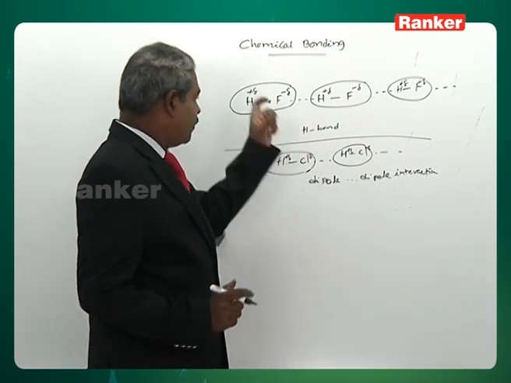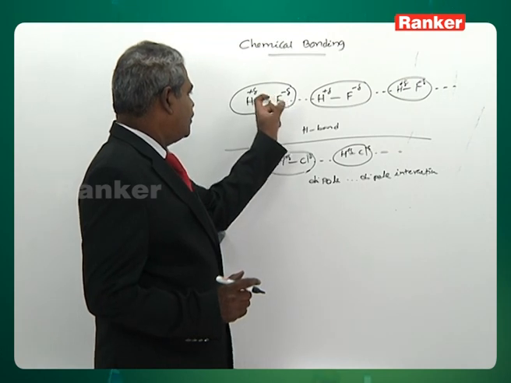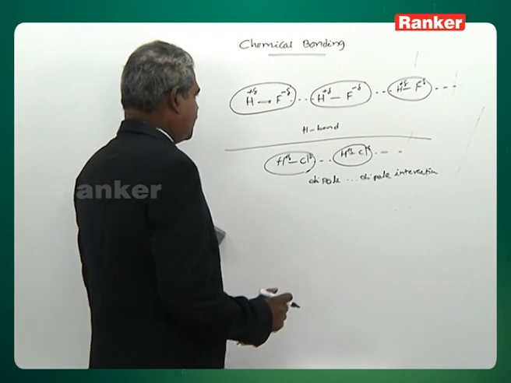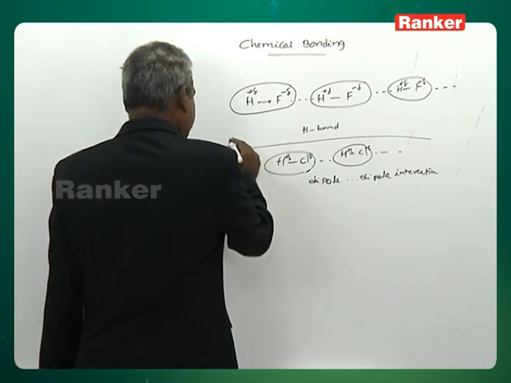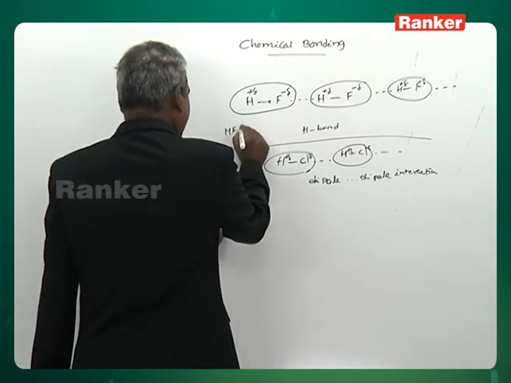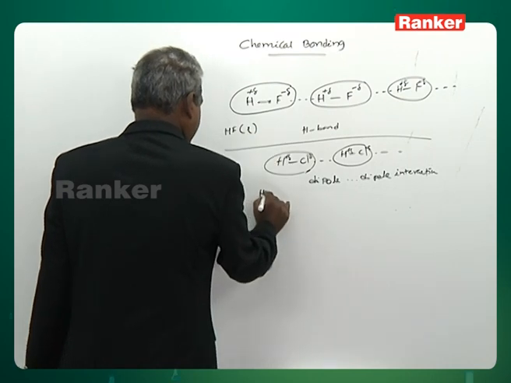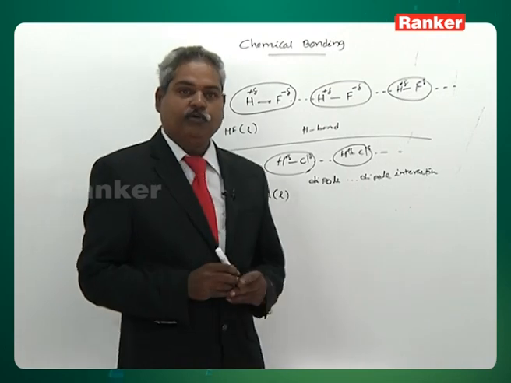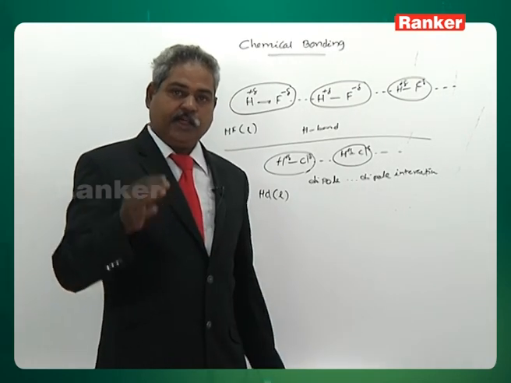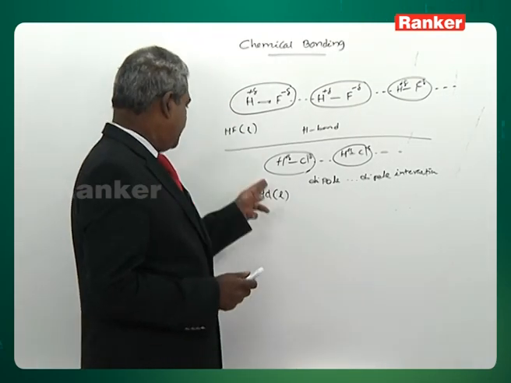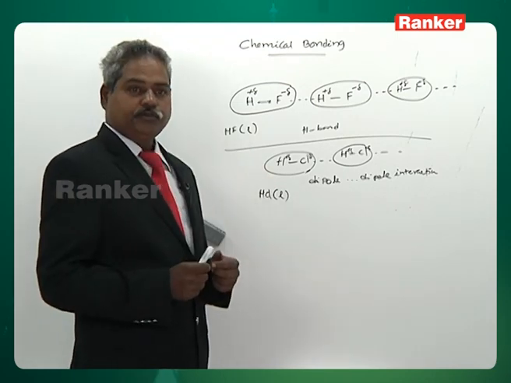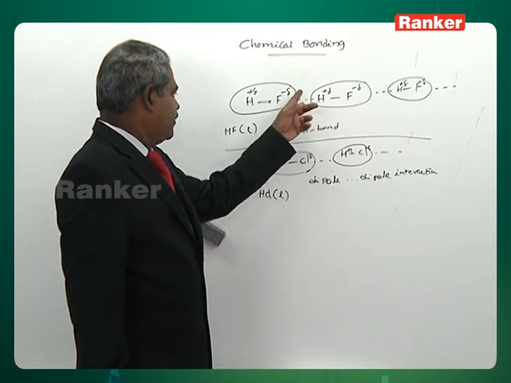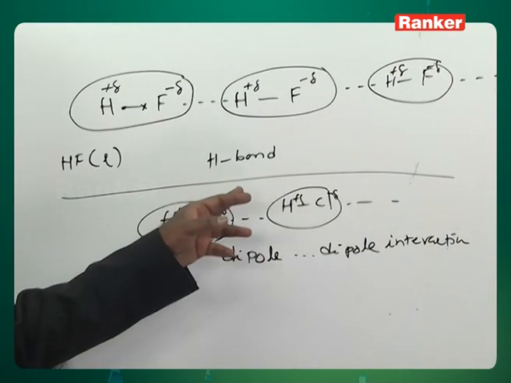For you to call it a bond, it should have some minimum bond energy. So, what happens as a result? Imagine HF and HCl, which are both gases at room temperature, in their liquid state. Between molecules of HF there is strong force of attraction; between molecules of HCl, there is less force.